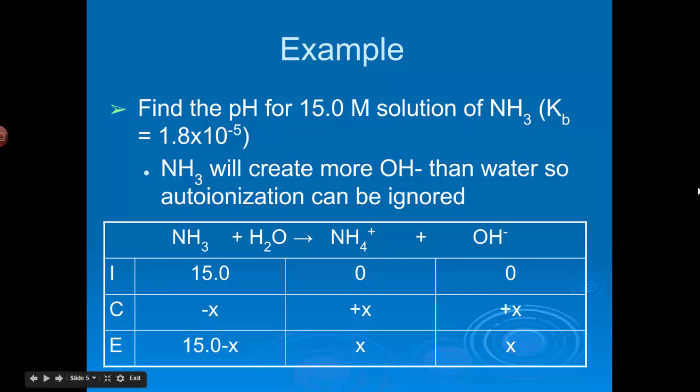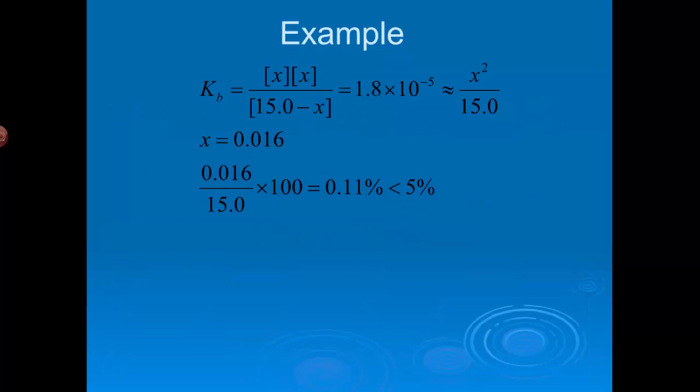Okay, so our ICE table is set up exactly the same as it always is. We don't care about the water because it doesn't show up in our equilibrium expression. The initial concentration of NH3 is 15 molar, 0 and 0 for NH4 plus and OH minus. It's minus X for the base, plus X, the usual. Okay. Plug that into our Kb expression. We can make the approximation, again, because we're going to assume that X is very small compared to 15. 15 is huge.